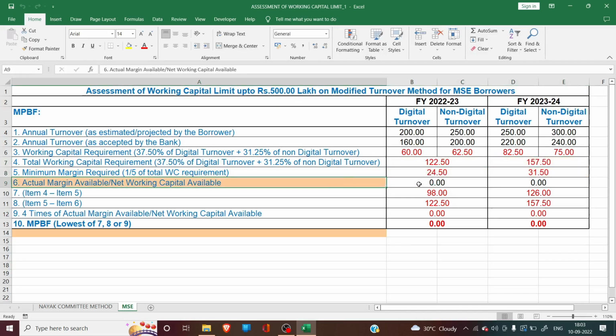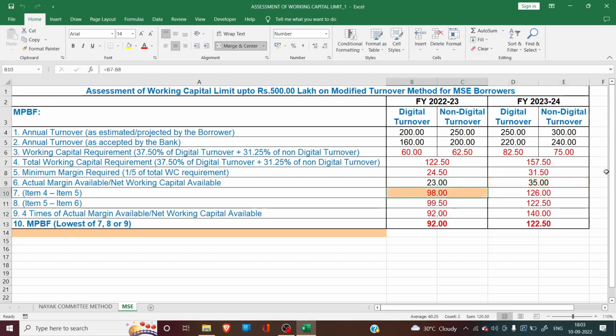In this cell, we again have to mention the margin actually available with the borrower. For example, for financial year 22-23, the margin available is 23 lakhs, and for financial year 23-24, the margin availability is 35 lakhs. Here the worksheet calculates the MPBF in the ideal situation, that is, total working capital requirement minus the minimum margin required.